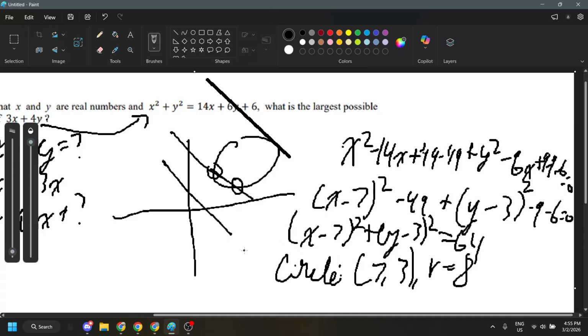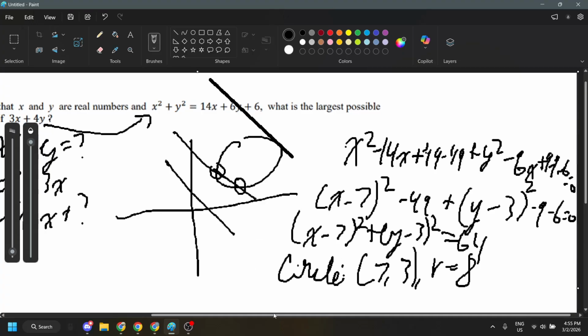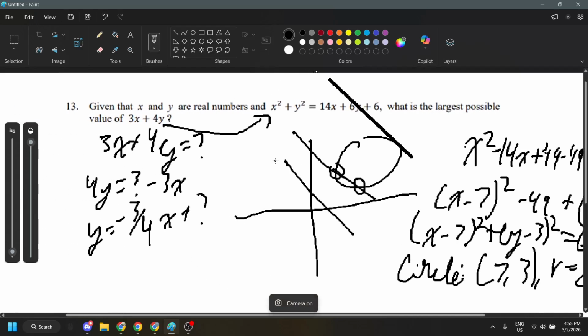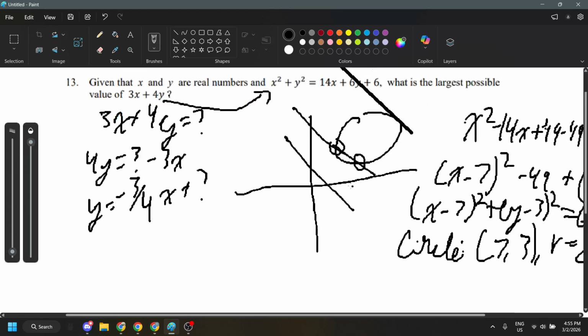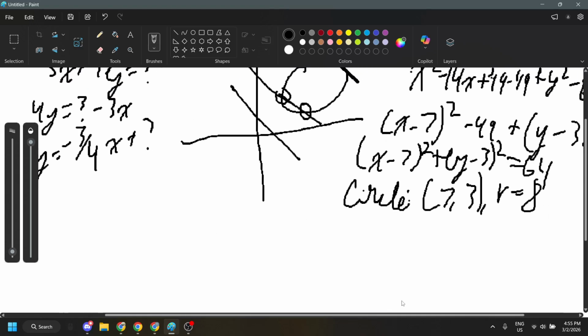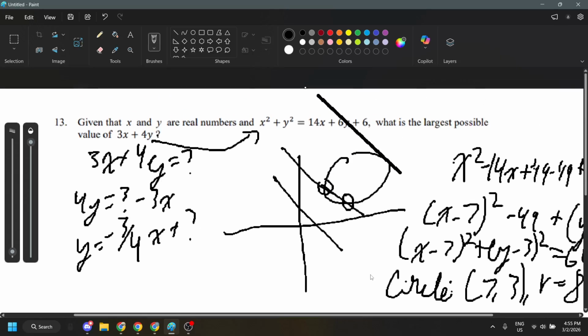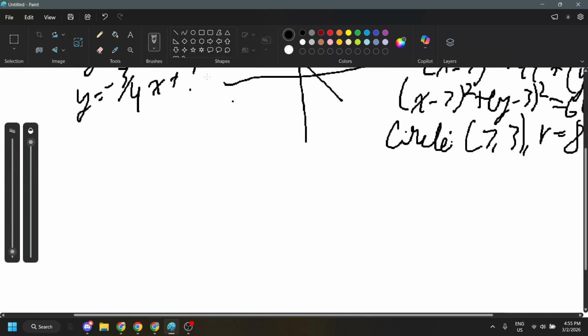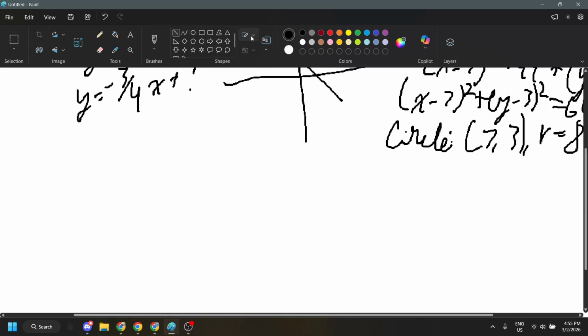Okay, now we need to find the largest possible value of question mark here, such that it follows this. So if we're going to draw this a little more accurately, it's going to be like this.